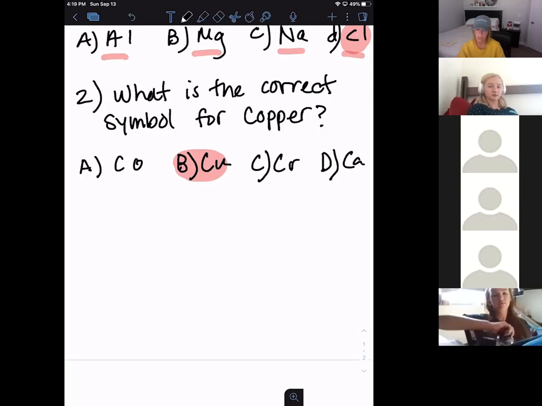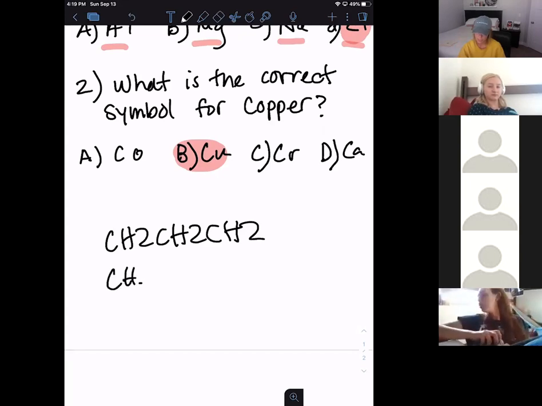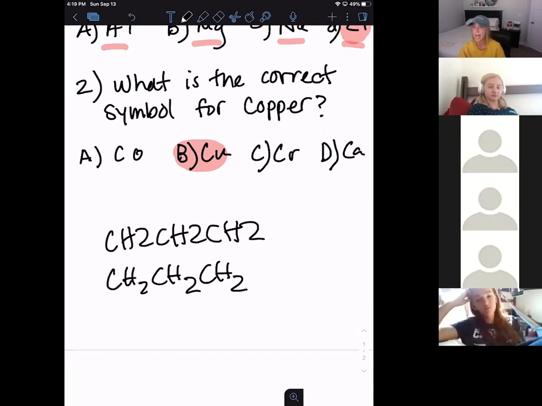So it might look like this, instead of how we're used to seeing it. He might ask you how many hydrogens are here, and it's sometimes difficult to see it this way versus this way. That's the only difference in terms of formatting. It's just read the question, look at the multiple choice, select. You won't have to input anything. All right, thank you. You're welcome.